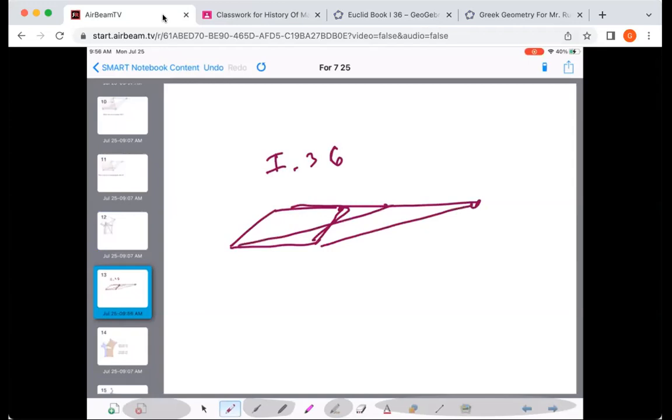Of course, the height of a parallelogram is the perpendicular distance between the two bases. It's not one of the sides. And this other one has its height here. So yes, area of a parallelogram is base times height.